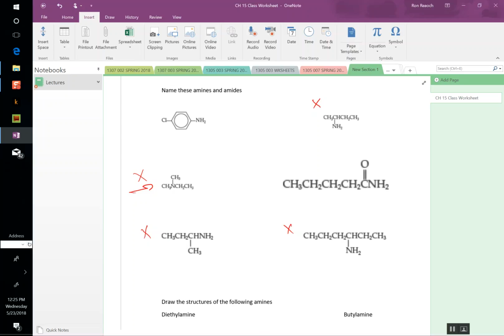No, when you're looking for the longest chain with amines, you're looking at the longest chain of carbons. And then you're looking for where the nitrogen is attached to that chain. So this is going to be a simple name again. It's going to be what? Ethyl methyl amine.